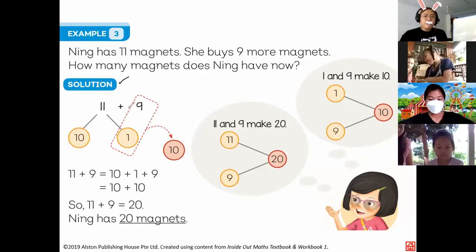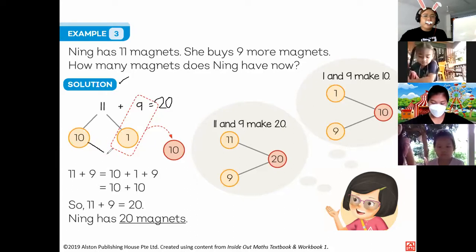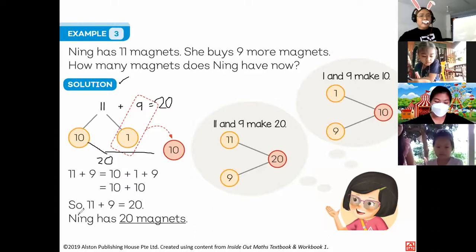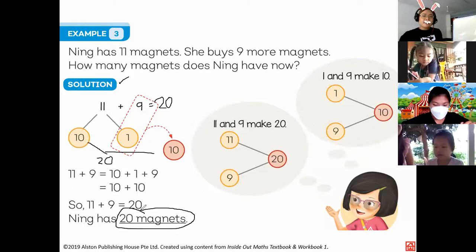So 11 plus 9, that's 20. And 10 plus 10, that's also 20. So 11 plus 9 is equals to 20. So that means Ning has 20 magnets.